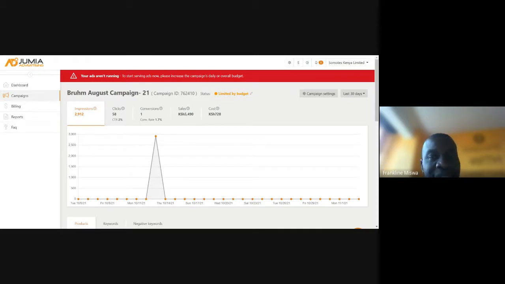So they only spent 728 shillings to generate 5K. But something is wrong with this data, though you can get the gist. The core is getting the right impressions, which then lead to the correct clicks, which then lead to a higher conversion rate. Okay?